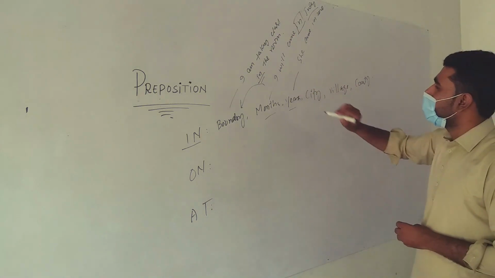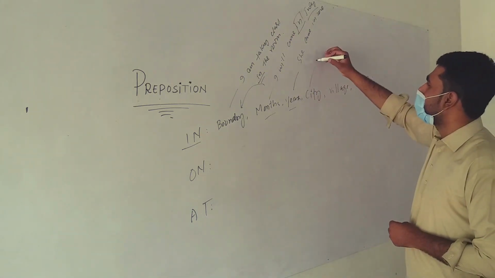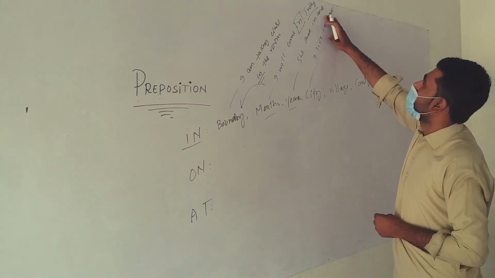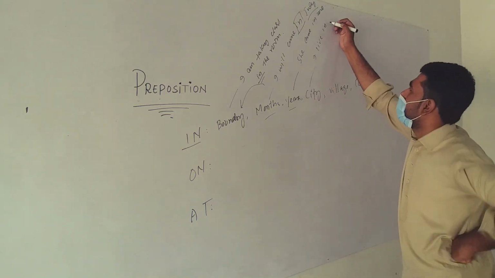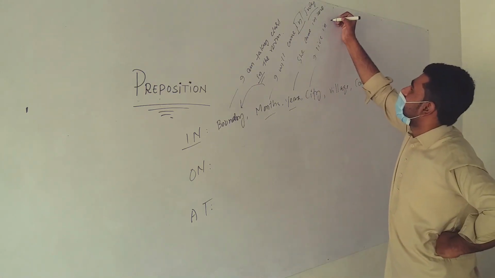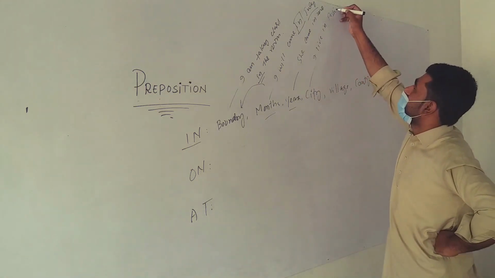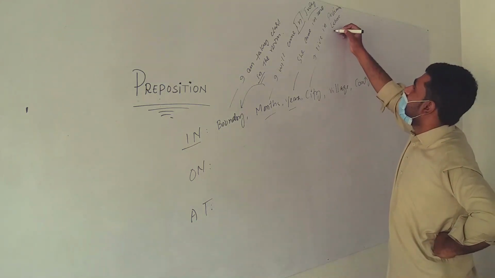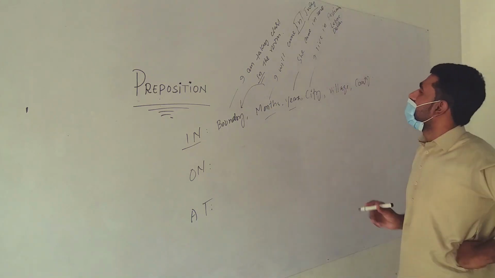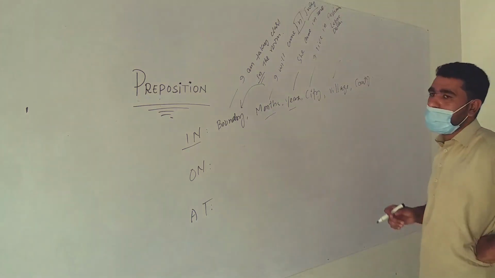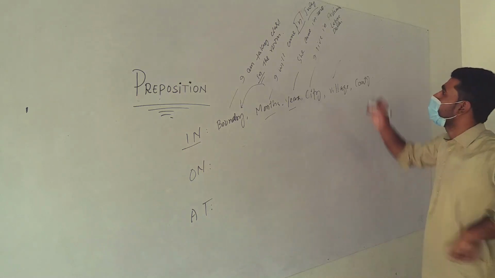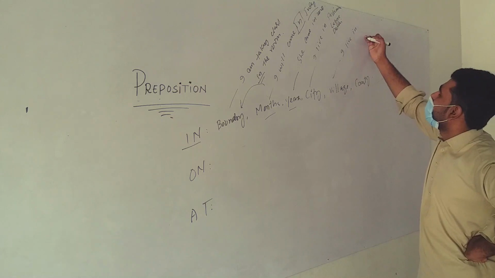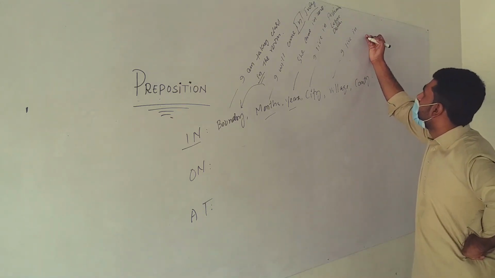So here I used it for years, and for city, for example I live in London. I would say that I live in Peshawar, or I live in Lahore, or I live in Delhi. So here I use it for city and village. For example, I live in Bamboo.